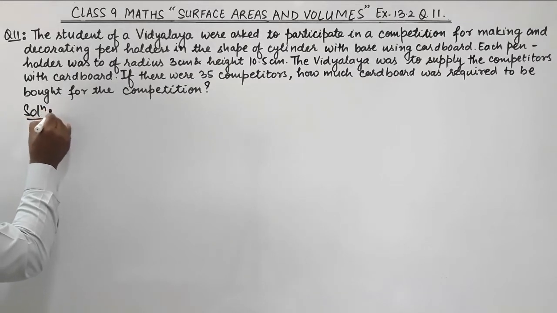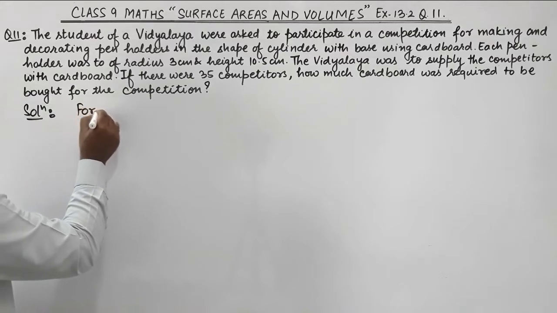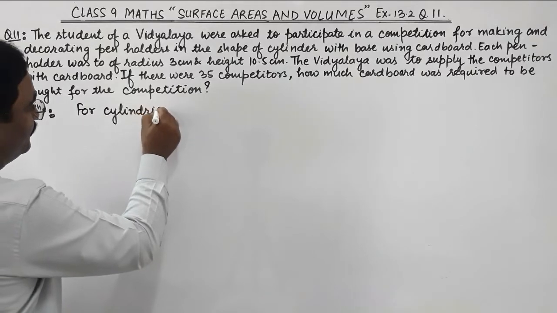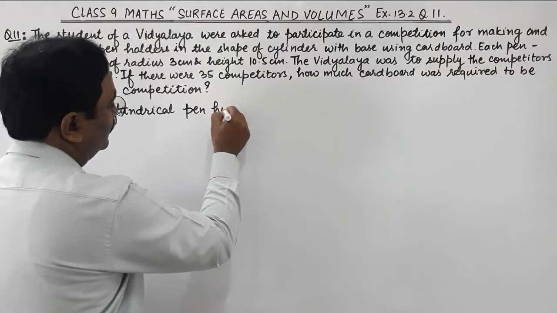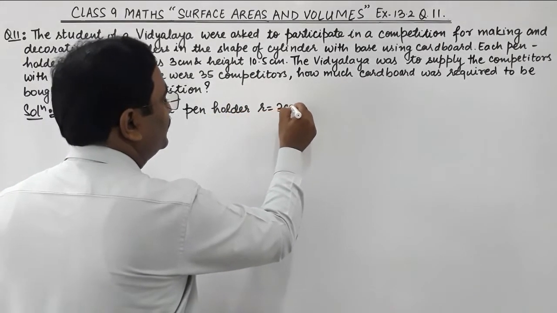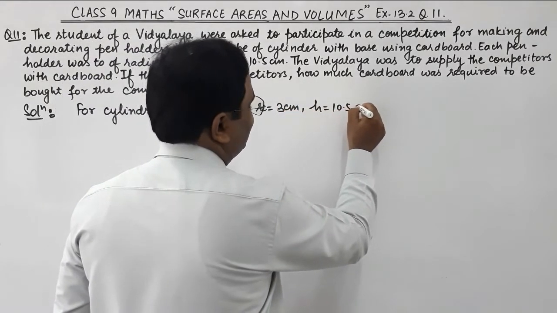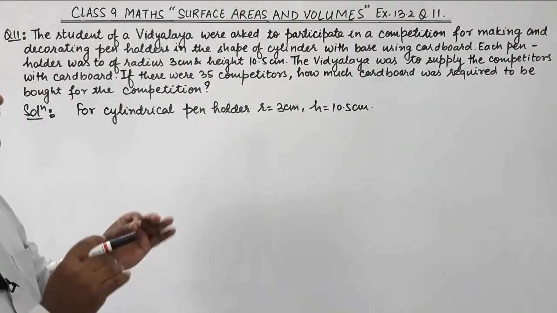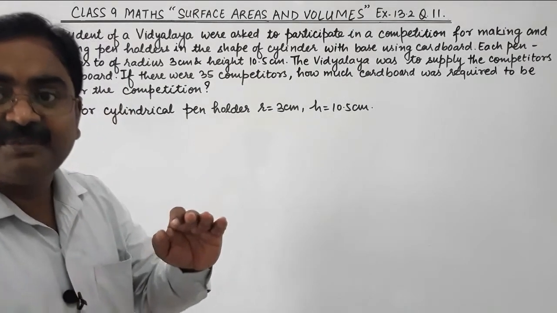For the solution, for a cylindrical pen holder, radius is 3 centimeter and height is 10.5 centimeter. This pen holder is in the shape of a cylinder with the base.